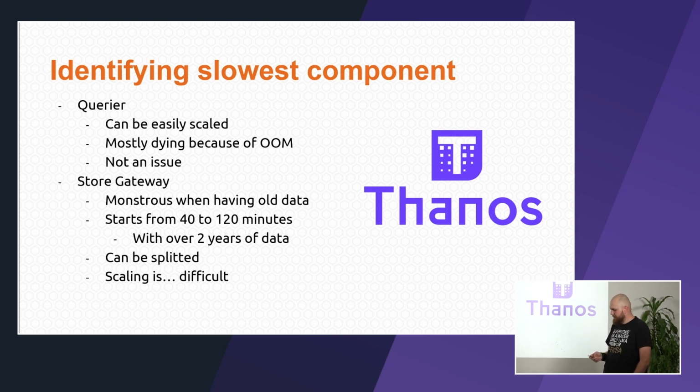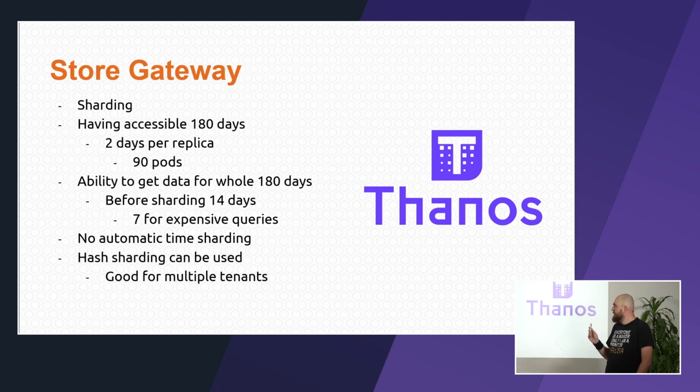Yes, it can be split. This is the way, but scaling is difficult. You have to use sharding. At this moment we have 180 days of data accessible, and we have 2 days per replica, so we have 90 pods of store gateways. Only store gateways. Now it's pretty fast.